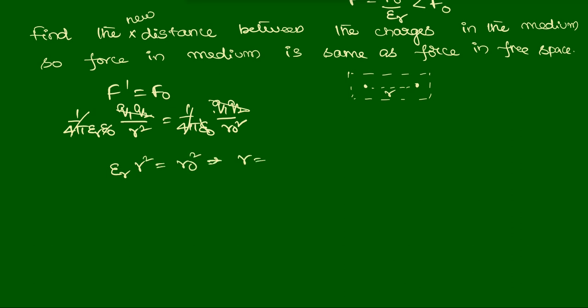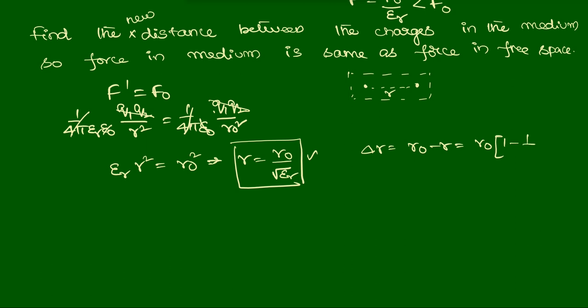From this, r will be equal to r naught by square root of epsilon R. This is the new distance between them, or else they may ask what the shift in that distance is. That shift will be r naught minus r, so r naught into 1 minus 1 by square root of epsilon R. You can find a good number of questions based on this.